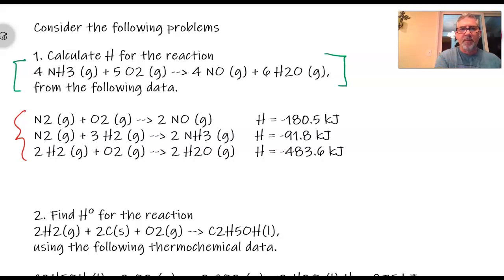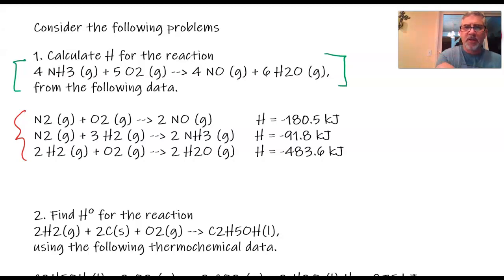Okay, so you'll see that I have a nitrogen here. There's no nitrogen up here. I have oxygen. Oxygen here is a reactant, and it's a reactant here. And I have nitrogen monoxide here, and I've got nitrogen monoxide there as a product. Okay, so remember when I said you leave oxygen for last? We're going to leave oxygen for last.